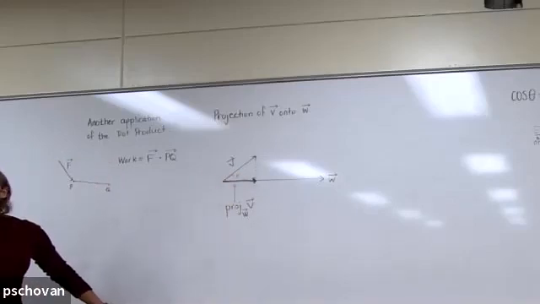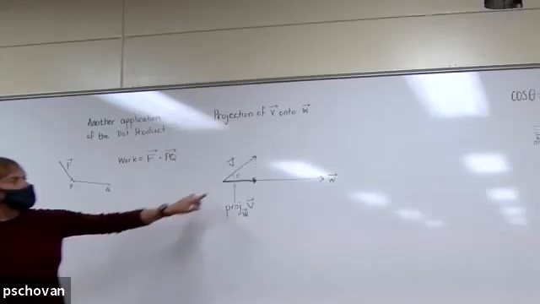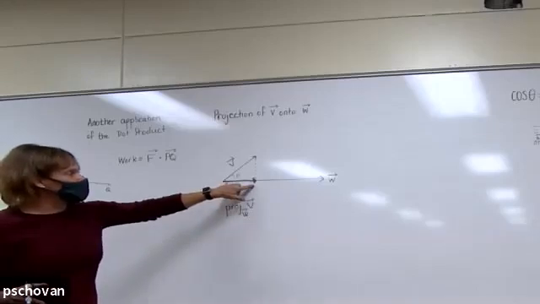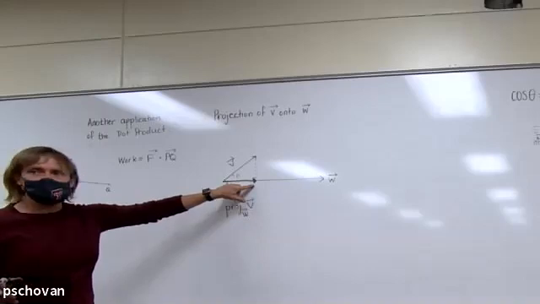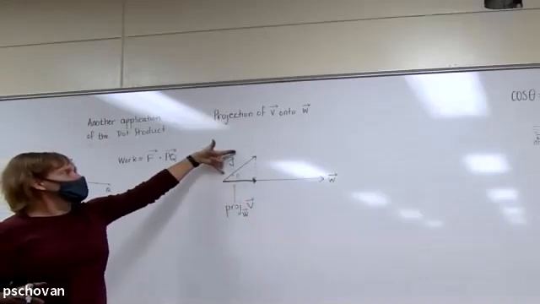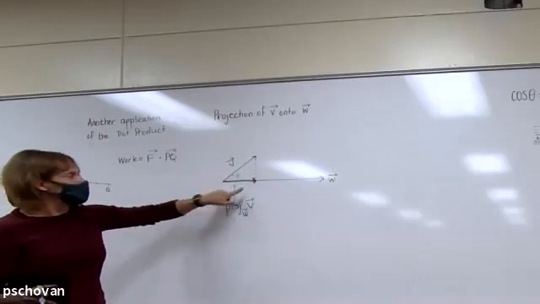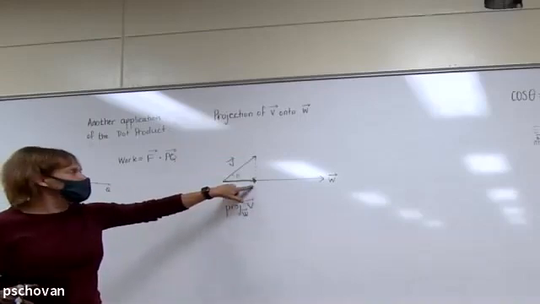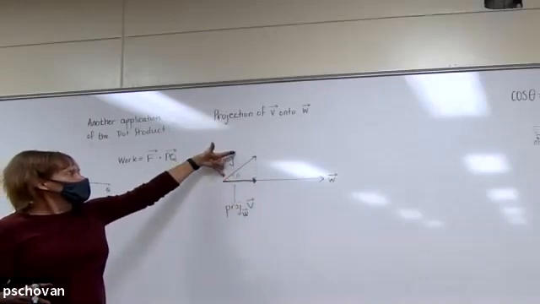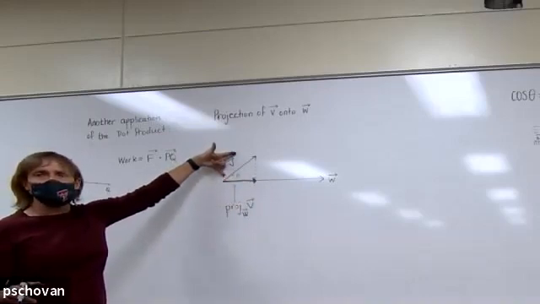From our right triangle trigonometry, this vector would be the adjacent side. This would be the hypotenuse. So the cosine of this angle is equal to my projection vector divided by the length of my vector V.